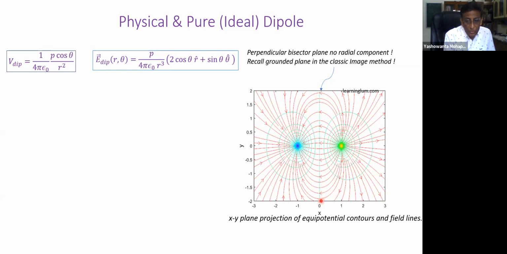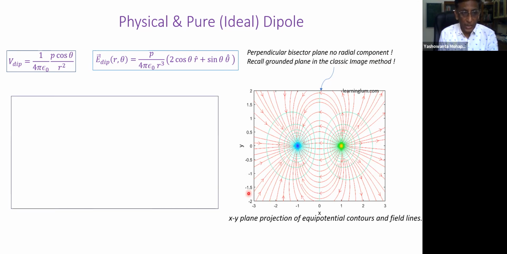Then wherever I want, I rotate it, and I pay only the cost of rotating it. That is how you calculate the interaction energy between two dipoles or a charge and a dipole. That's an important thing to keep in mind.